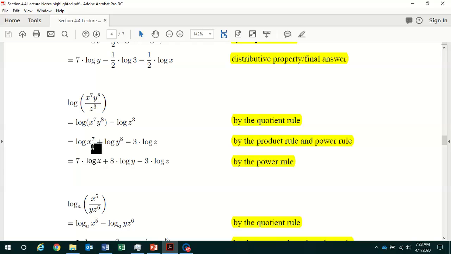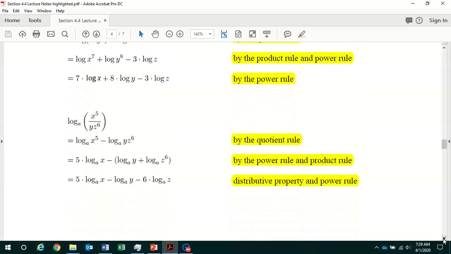Now, 7 is an exponent of variable x, so it can be brought down in front of the log here. 8 is an exponent of variable y, it can be brought down in front of the log here, and we end up with 7 times the log of x plus 8 times the log of y minus 3 times the log of z. This is our final answer. This logarithm up here, when fully expanded, equals this down here.